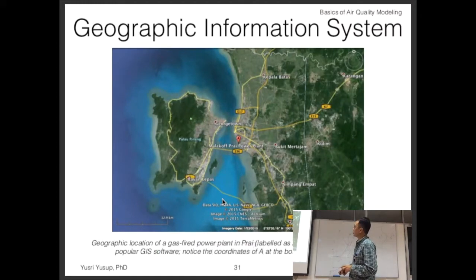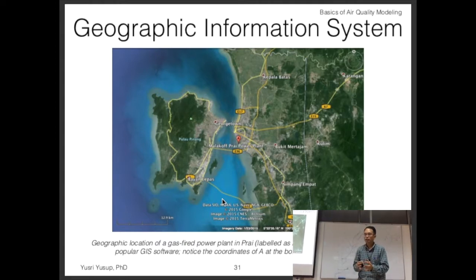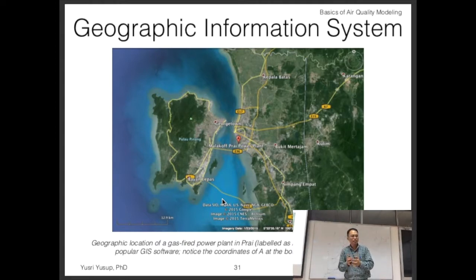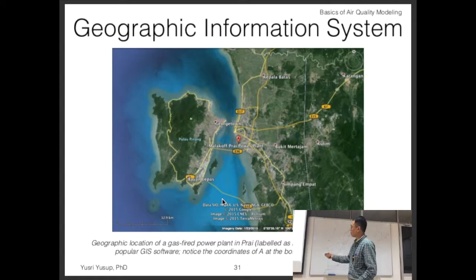Then the GIS. Here is just for you to put context on where to place the stack somewhere on Earth; you have to use GIS. So you need to know the coordinates of the stack. For example, here is a gas-fired power plant in Prai.